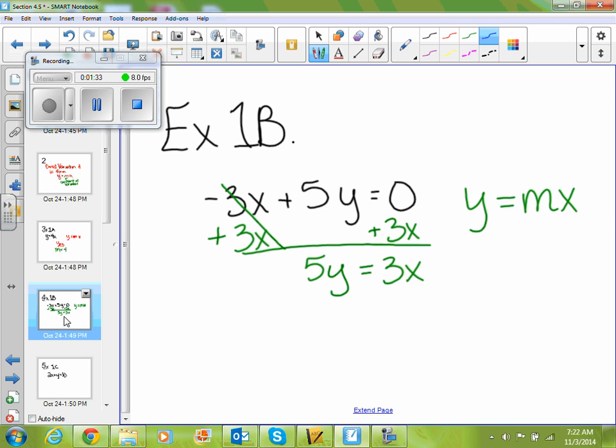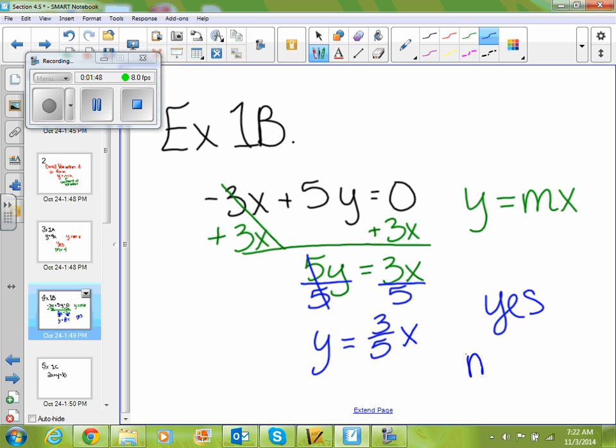The next step we have to do is we need to divide by 5. If I do that, then I get y equals 3 over 5x. So this is a direct variation, and my m, my constant of variation, is 3 over 5.